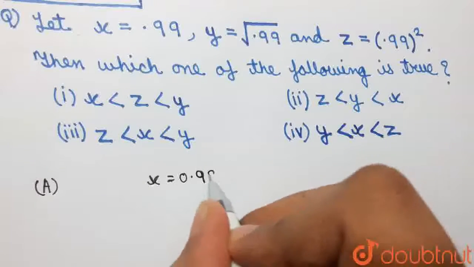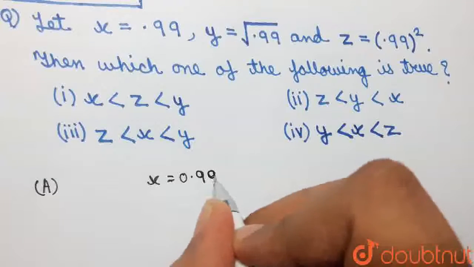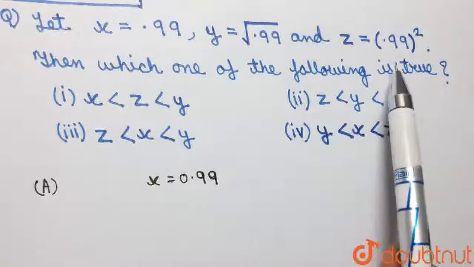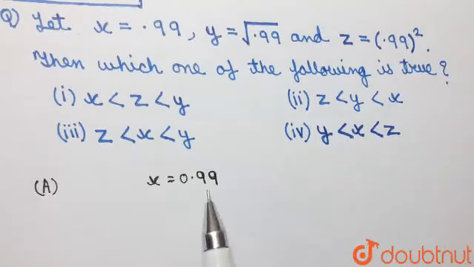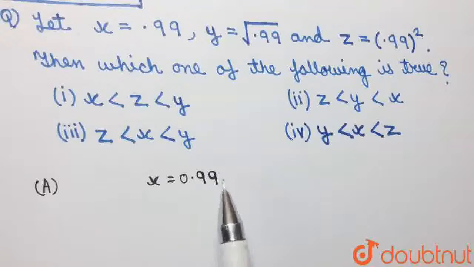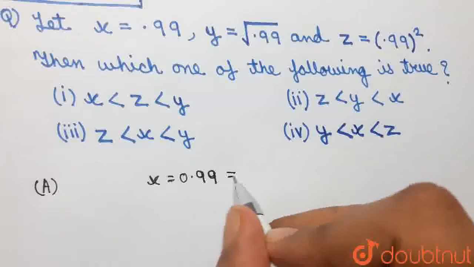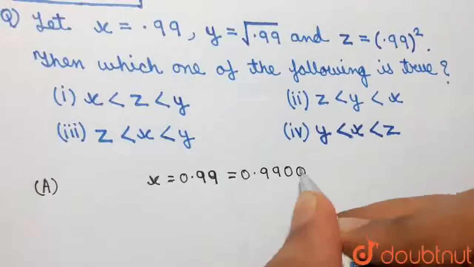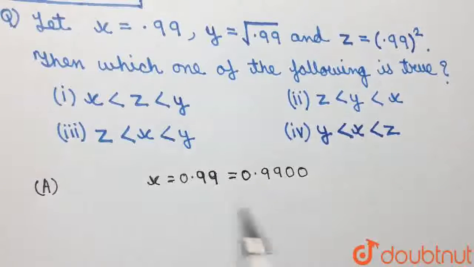Now as we have to compare the values of x, y and z, what we do is we take 4 places after the decimal instead of 2, so that the comparison is easier, and hence x, which is equal to 0.99, can also be written equal to 0.9900, because 0.99 is equal to 0.9900.